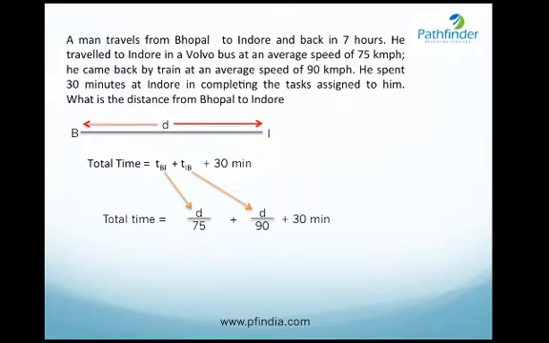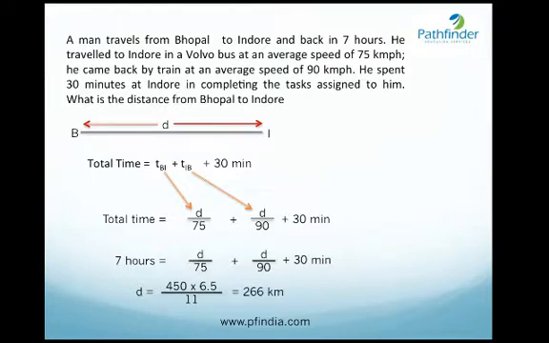So distance divided by 90 kilometer per hour, plus 30 minutes that have been spent in accomplishing the tasks. So you rewrite the equation. 7 hours is equal to D by 75 plus D by 90 plus 30 minutes, which can be looked at as half an hour. And if you solve the equation for D, you will get D is equal to 450 into 6.5 divided by 11, that is roughly equal to 266 kilometers.